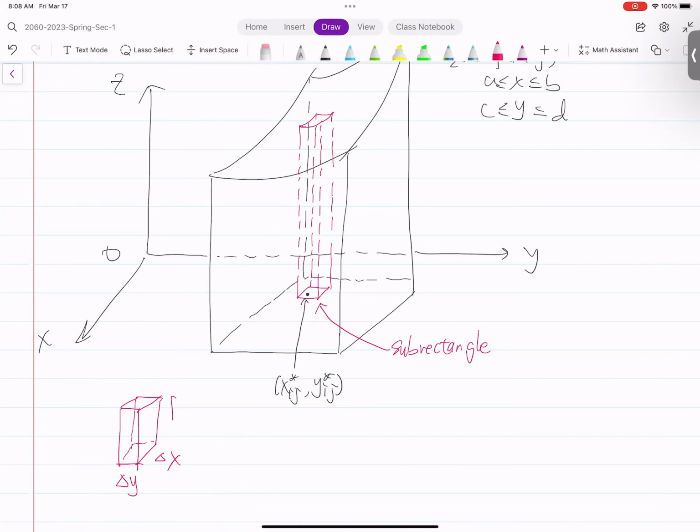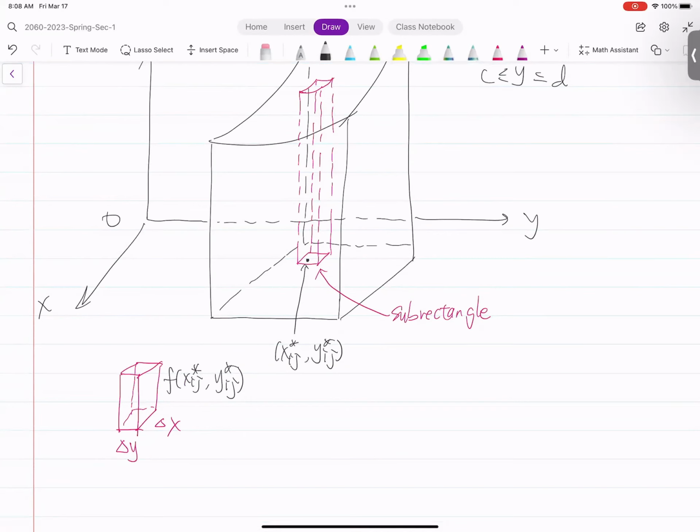So this height is f of x sub ij star, y sub ij star. Okay. So the volume here is delta x delta y, so width times length times height, where this output is a sample height.